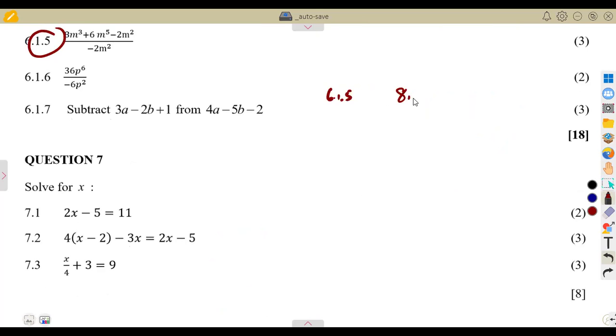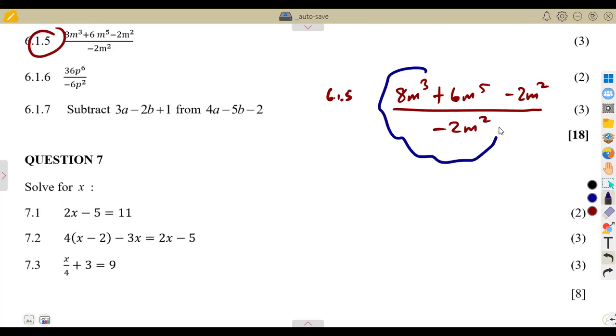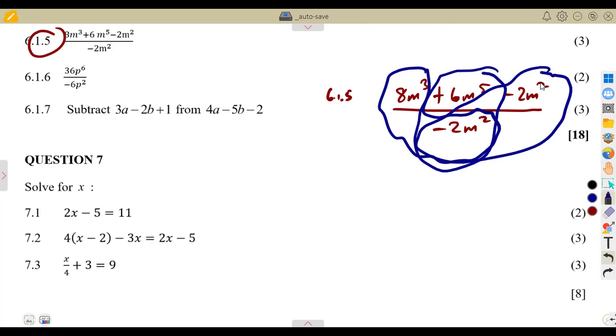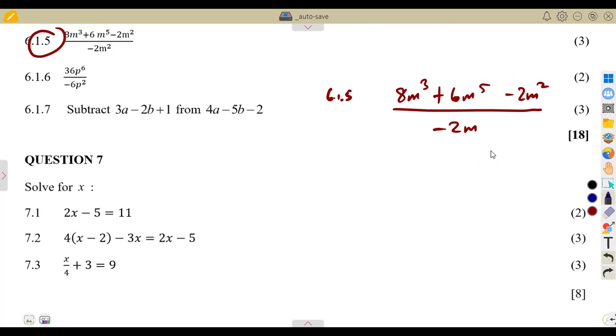You're given 8m to the exponent of 3 plus 6m to the exponent of 5, minus 2m to the exponent of 2, everything over minus 2m squared. Whenever you have a question like this, you separate everything. This over minus 2m squared, this also over minus 2m squared, and this also over minus 2m squared.